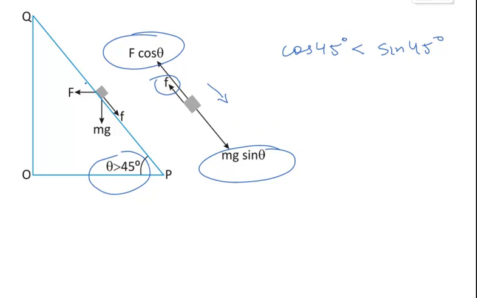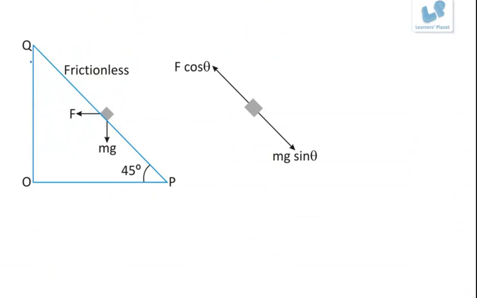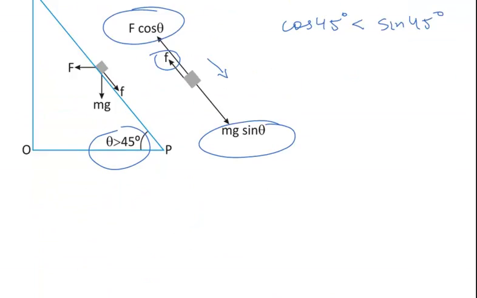So the frictional force is acting towards Q. Okay, and if the angle is exactly equal to 45 degree, that means mg sin theta is equal to F cos theta. And in that case, since the two forces are balancing each other, there is no question of frictional force arising. The frictional force will be 0.